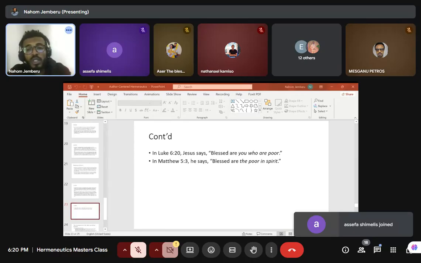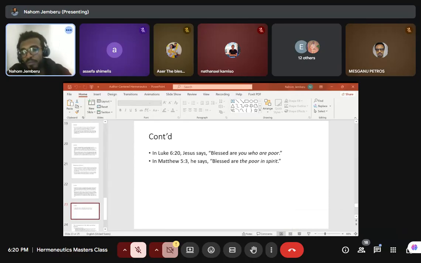Now, as I've already said, both Matthew and Luke seem to depend on Mark and on Q, another source. But the way they report this saying of Jesus is a bit different, right?